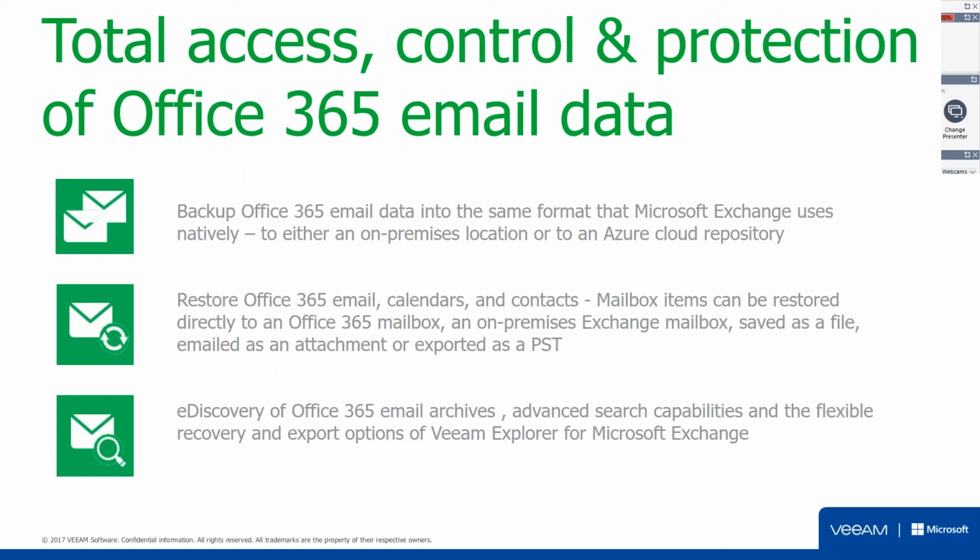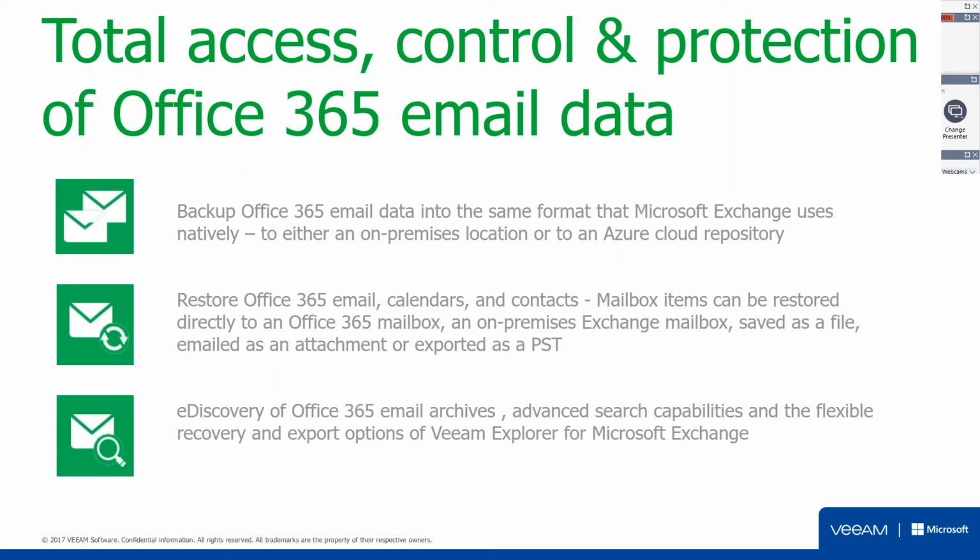Now, when you back up Office 365 email data, you back it up in the same format that Exchange uses natively. That way, I can recover to either an on-premises location, meaning an Exchange server that I'm running on-premises, or back to Microsoft Office 365.